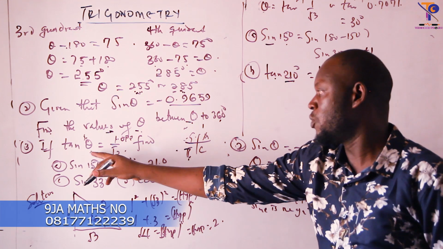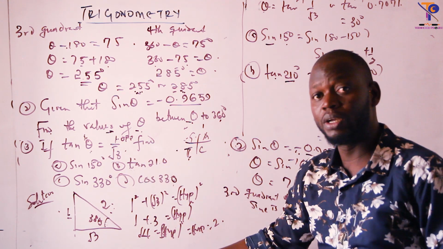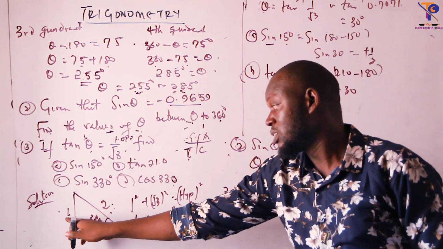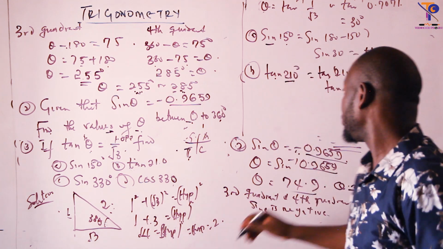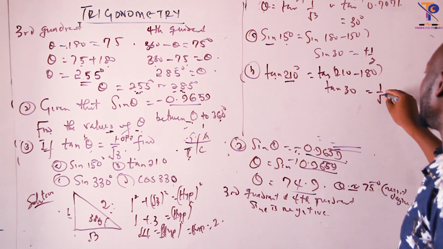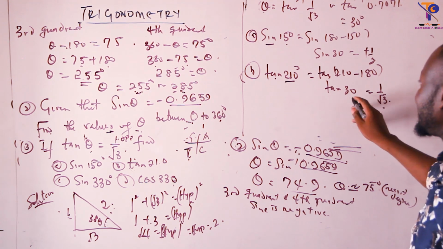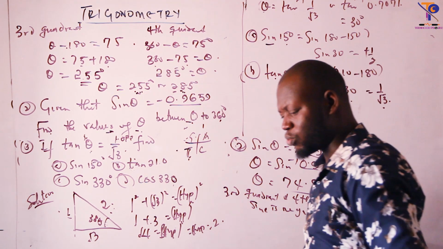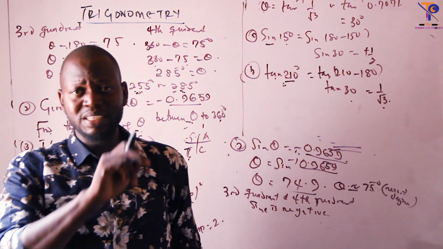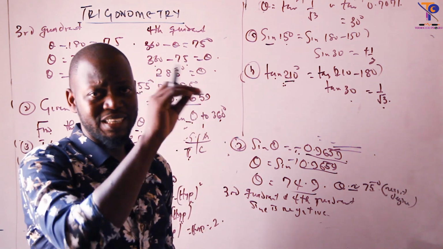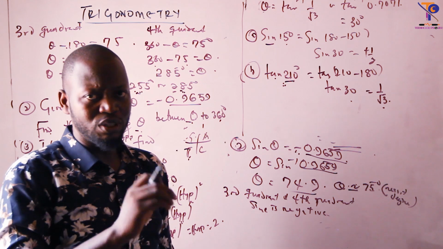And tan 30 here obviously is 1 over root 3, opposite over adjacent. In other words, tan 30 is the same thing as tan 210. Check your calculator to confirm. Press tan 210 and press tan 30. They are the same thing.